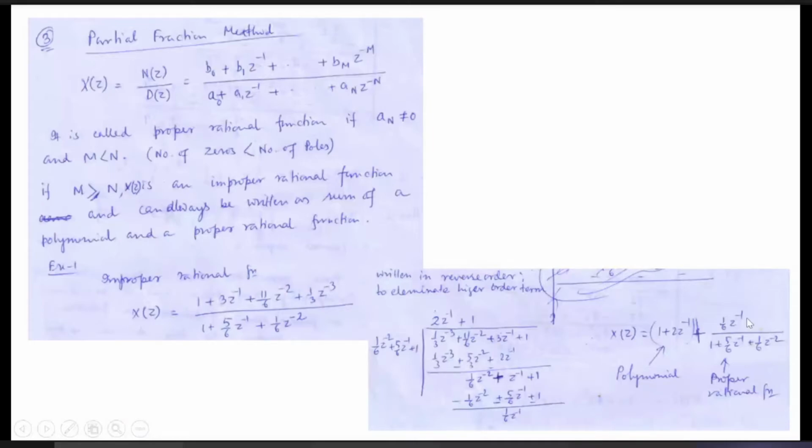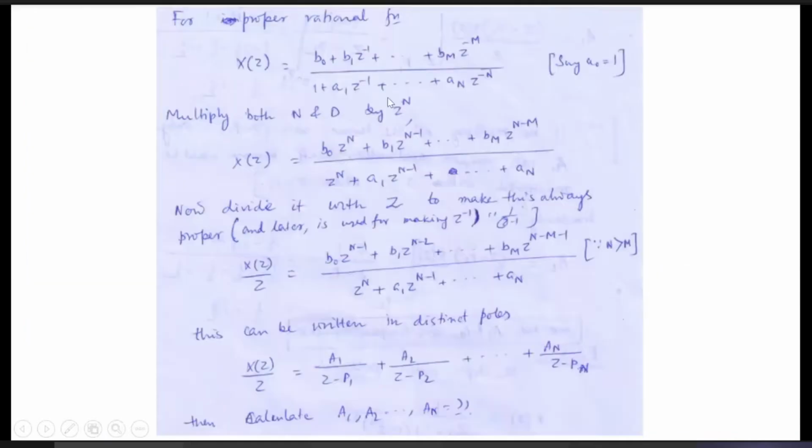So it is a proper rational function. Now this is needed when the given expression is an improper rational function. If it is a proper rational function, then it is not needed.